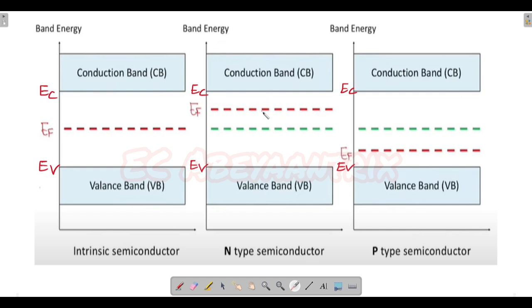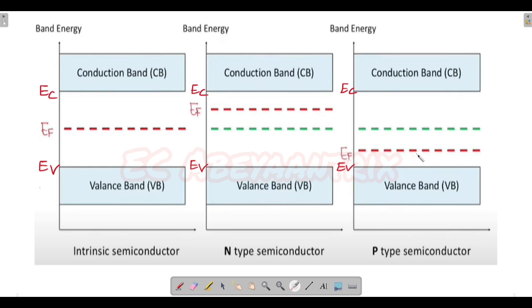In the same way, yesterday we saw the donor energy level also. In an N-type semiconductor, the donor energy level lies just below the conduction band, right? In the same manner, the Fermi energy level also lies just below the conduction band. Coming to the P-type semiconductor, the Fermi energy level lies below the midway of the forbidden energy gap. In other words, the Fermi energy level lies just above the valence band.